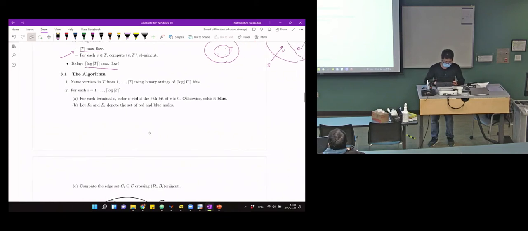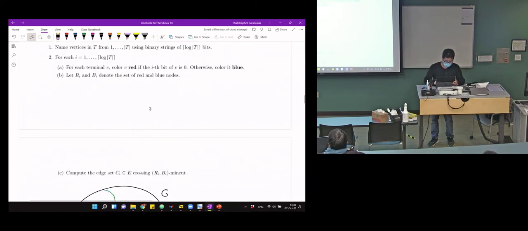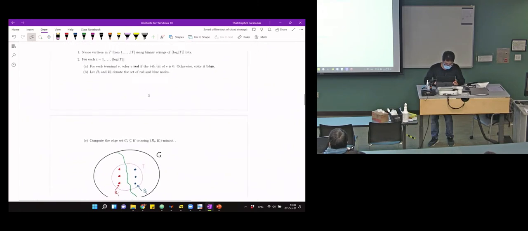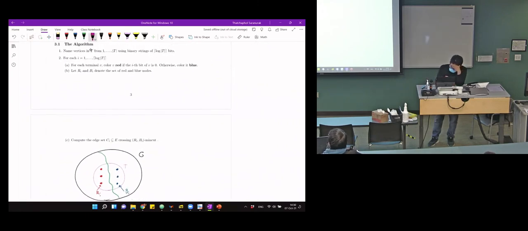Now let me describe the algorithm. It's actually quite simple. Let's give a name to each node in T using a binary string of log T bits. Now focus on each bit i, starting from i equals 1 to log T. For each terminal, you color the node red if the ith bit is 0, otherwise it's blue.